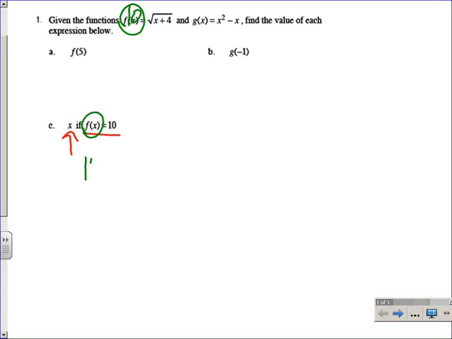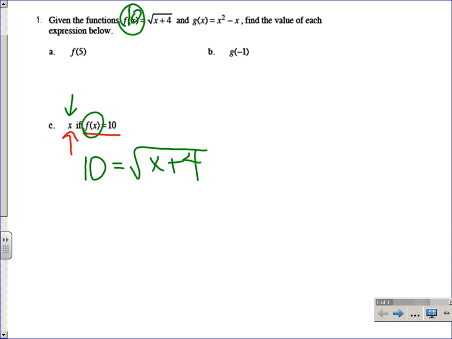So I'm going to write 10 equals square root of x plus 4. I still need that x in the equation because I need to solve for x if f of x equals 10. So now I have 10 equals square root of x plus 4. This is the equation I'm solving.